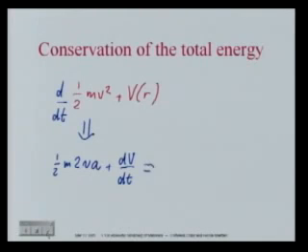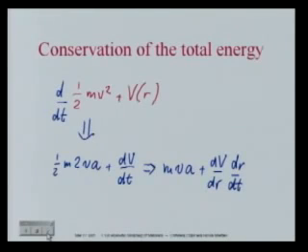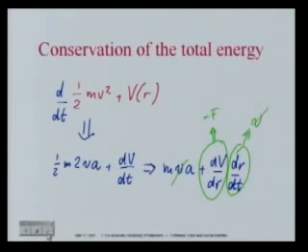And this can be written as mass times velocity times acceleration, plus, we can rewrite the derivative of the potential with time as the derivative of the potential with respect to position times the derivative of the position with respect to time. And now you see where we are getting to, because this term here is equal to minus the force, while this term here is equal to the velocity. And so it goes away here.